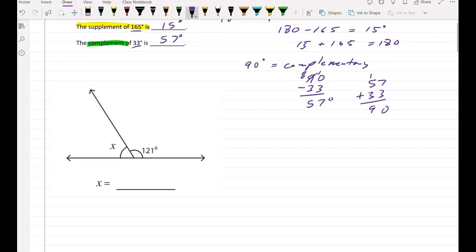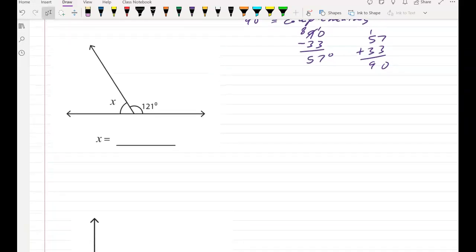Okay, moving on to this next one, we want to find what is the value of x. Well, you have to look at the diagram. There are two angles here. One of them is 121. The other one we don't know, but when you add the two of them together, they make a straight line. And remember, a straight line is 180 degrees.